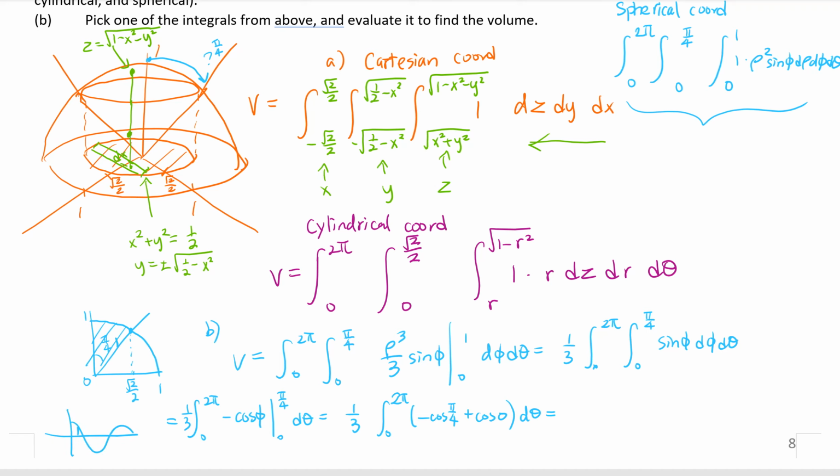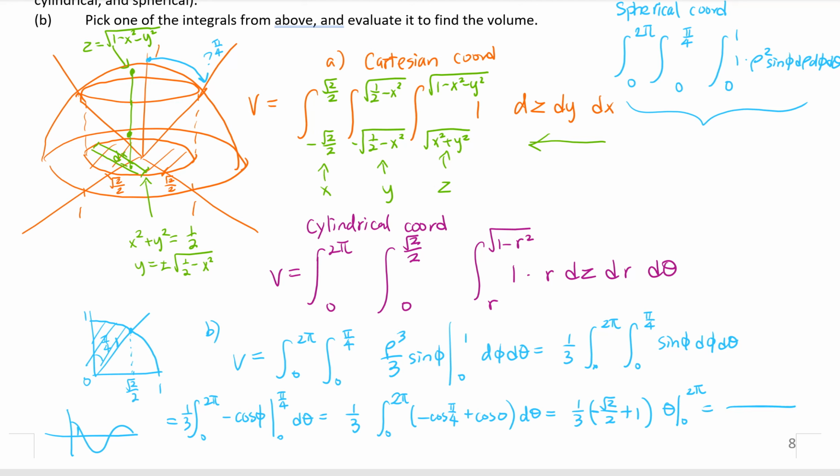It is root 2 over 2. So negative root 2 over 2 plus cosine 0, which is 1. And then the integral of a constant with respect to theta is just theta, right? Evaluate from 0 to 2 pi. That's the same as we multiply by 2 pi.